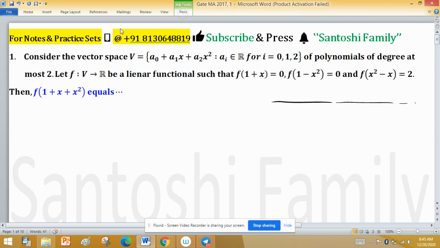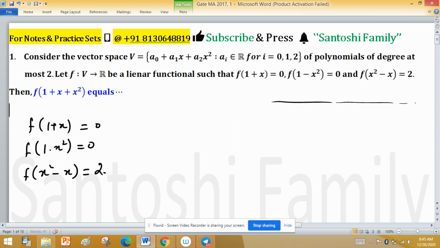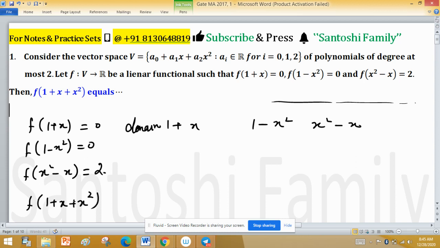First, f of 1 plus x equal to 0, f of 1 minus x square equal to 0, and f of x square minus x equal to 2. These are our domain points, and this is also our domain point at which we have to find the image under f: 1 plus x square.